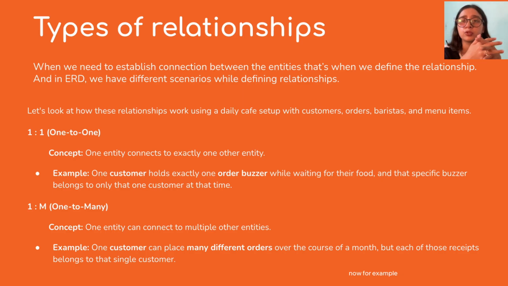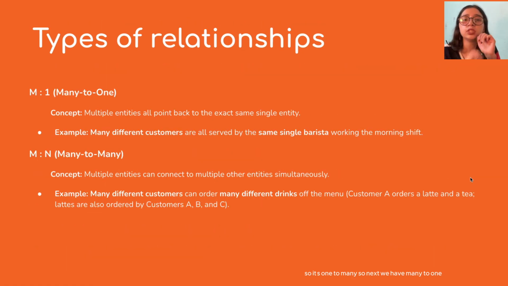For example, if we go into a restaurant, as a customer I can order multiple items from the food menu. That means one person can order multiple food items. So that's one-to-many, the relationship between customer and the items from the menu. Next we have many-to-one.